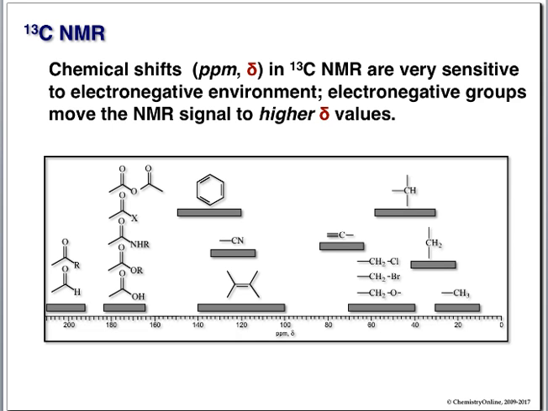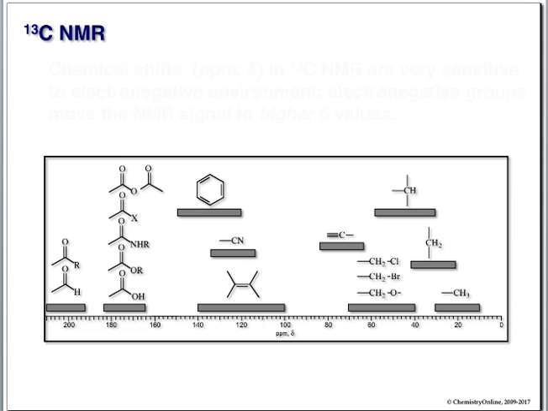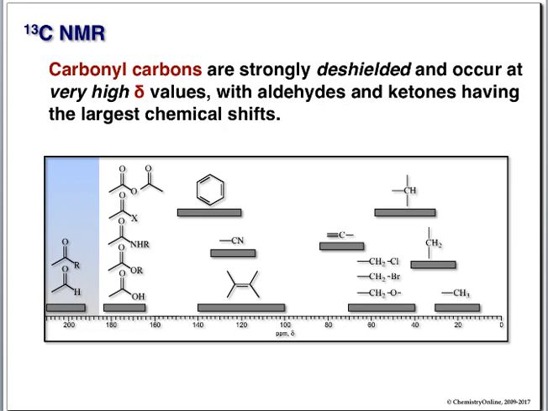The carbons that absorb at the highest chemical shift, that is, are the most deshielded, are going to be the carbonyls. Among the carbonyls, ketones and aldehydes are the most highly shifted. Ketones are typically 210-ish. Aldehydes slightly less, right around 200.